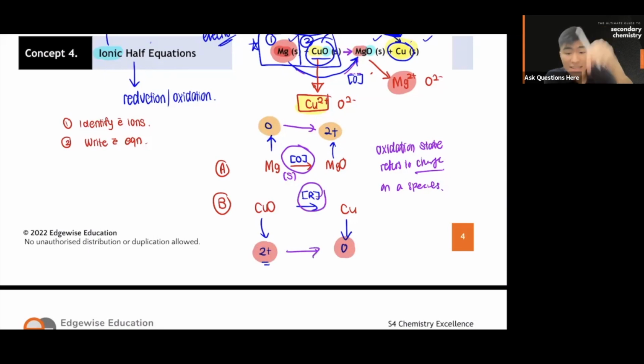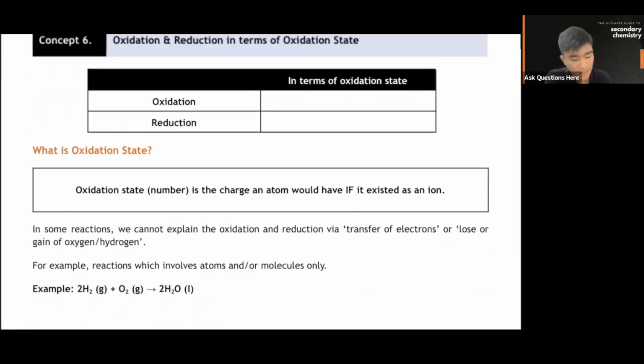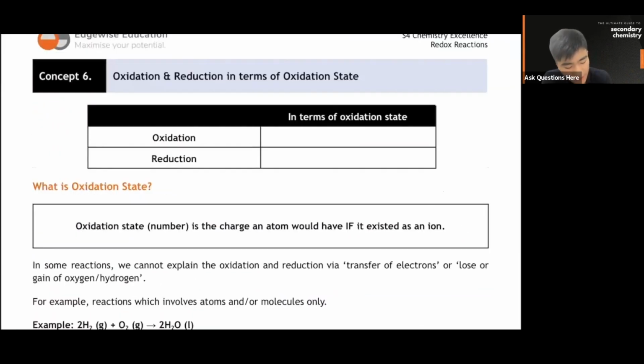When there is a decrease in oxidation state, it is termed a reduction reaction. Let's consolidate what we have just learned on page number 6. The increase in oxidation state is an oxidation reaction, whilst the decrease in oxidation state is termed a reduction reaction.